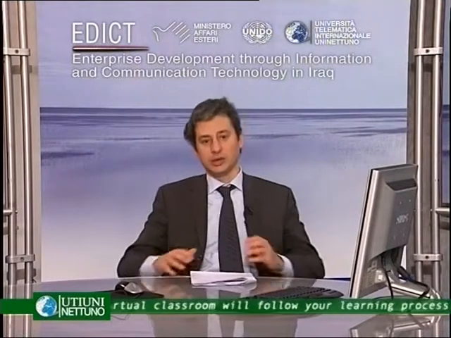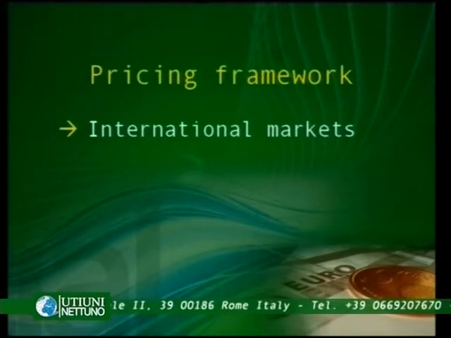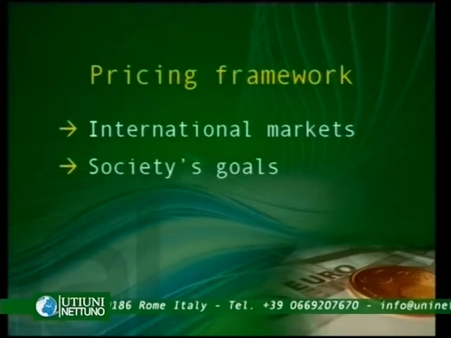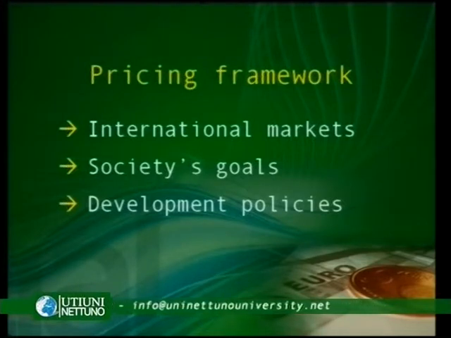But what we can say is that the decision of choosing a domestic price approach based on the willingness to pay or the production cost, or a border pricing approach, will also be affected by what we define as the pricing framework. In particular, we'll see that we can apply three different pricing frameworks in economic analysis, defined as international markets, society's goals, and development policies.